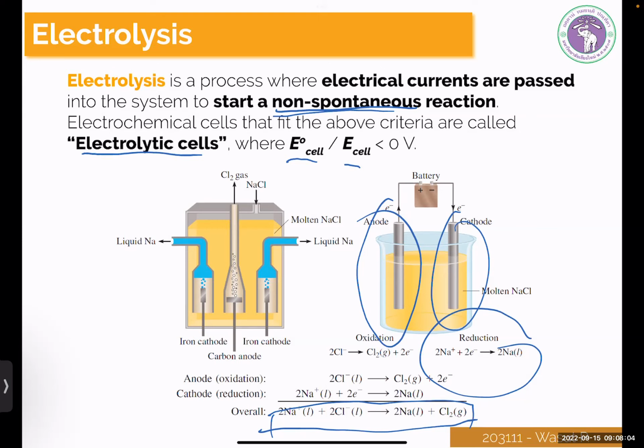The reverse reaction is not spontaneous by nature, but it can happen because you pass in electrical current. This is a type of electrolytic cell, because you use it to separate sodium metal and chlorine gas.